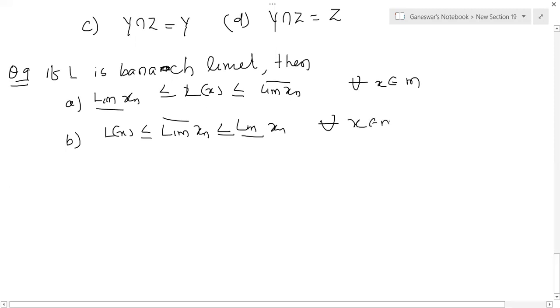Then third option, the upper limit of xn is less than or equal to the lower limit of xn, less than or equal to Lx, for all x. And D, none of these.